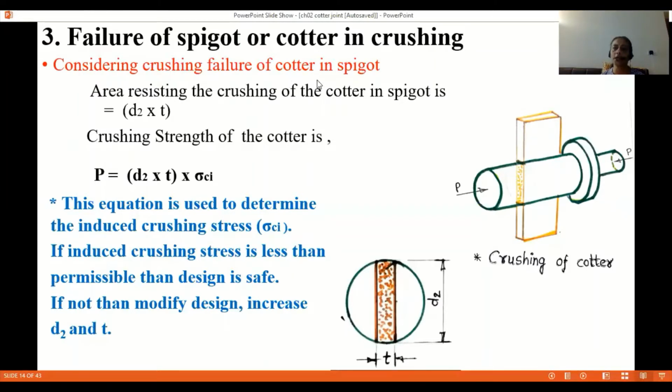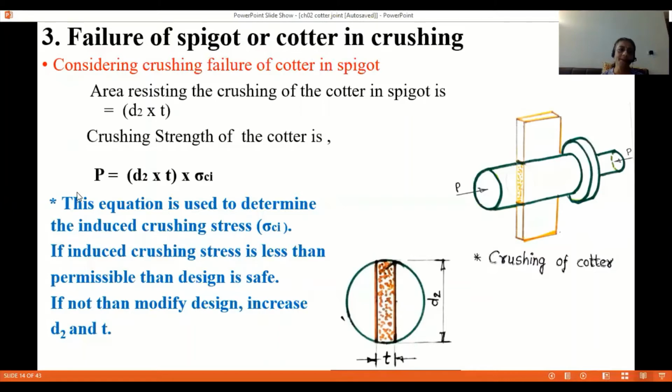We can see here that the cotter will be crushed in this spigot, and from this pictorial view, the area resisting crushing failure will be a rectangular area. d2 is the height of that rectangular area and t is the width of that rectangular area. So the area resisting crushing failure is given by the formula d2 into t, and the crushing strength of the cotter is P is equal to d2 into t into sigma C.